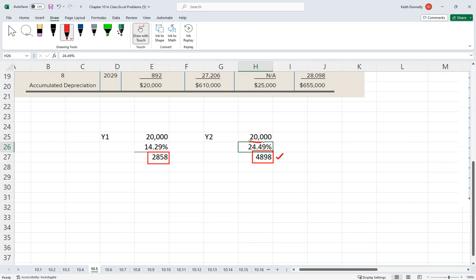One thing to be aware of here: you keep it at that gross cost. What would be wrong, an error, is if you back out the accumulated depreciation. You would do that if you manually calculated it. However, the way the IRS tables are constructed makes your life a little easier. You just keep using that initial basis number.